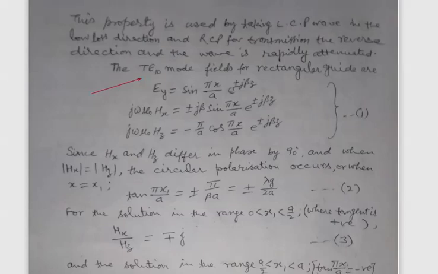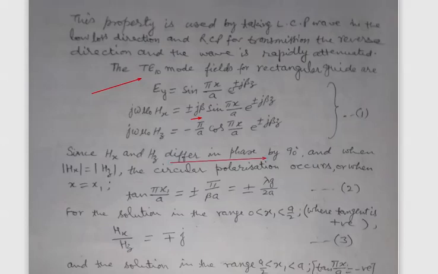It can be seen from the Hx and Hz expressions, due to the sign of this j, that these two fields have a 90 degree phase shift, meaning that Hx and Hz differ in phase by 90 degrees, and if we take the modulus of Hx and Hz to be the same, then circular polarization occurs.